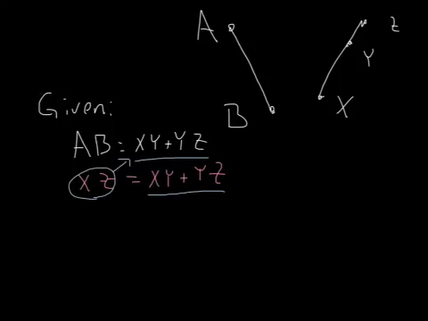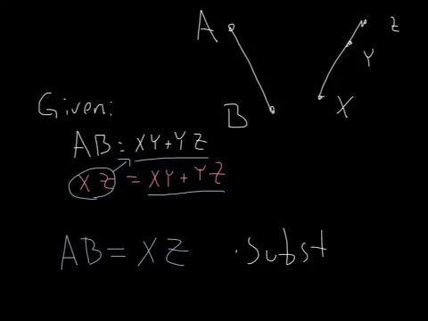So if we wanted to make a statement, we could say that AB is equal to XZ, and that's us replacing XY plus YZ with XZ, and our reason would be substitution. So whenever you take something out and put something else in for it, that's substitution.